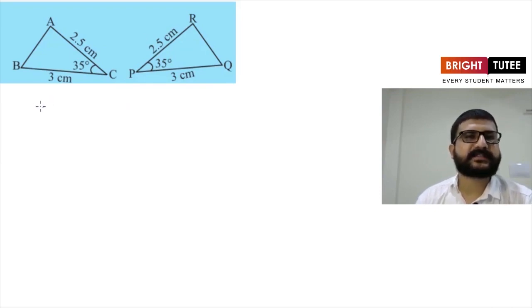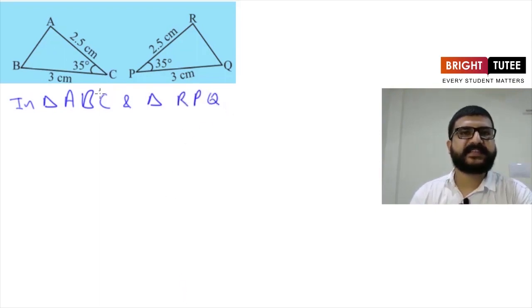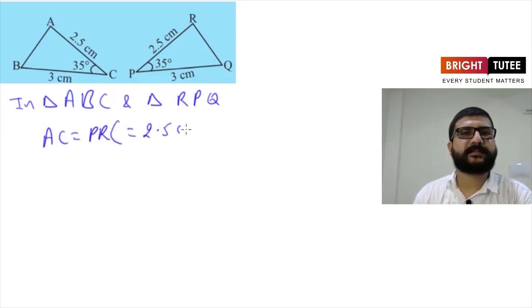So first of all, let's start writing now. Now in triangle ABC and triangle RPQ, AC is equal to PR. We can write it here. AC is equal to PR and they both are equal to 2.5 centimeters.